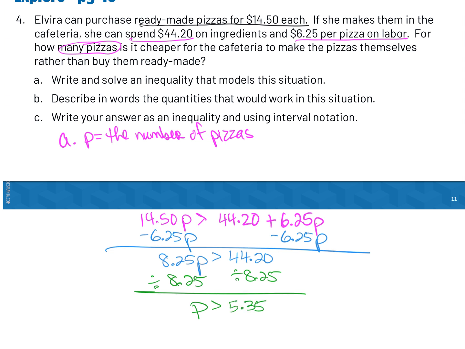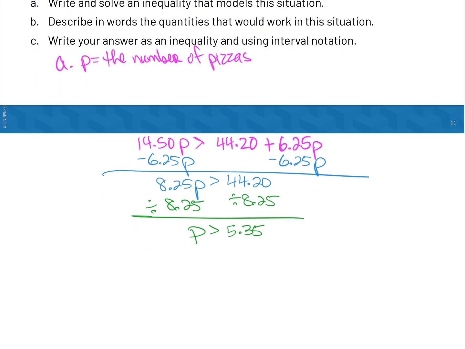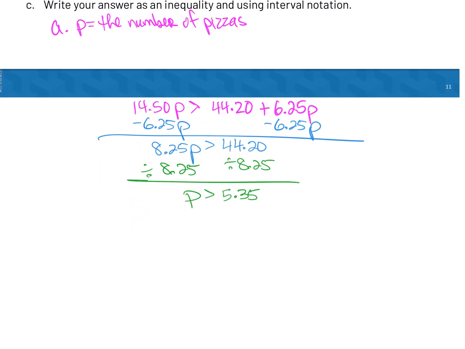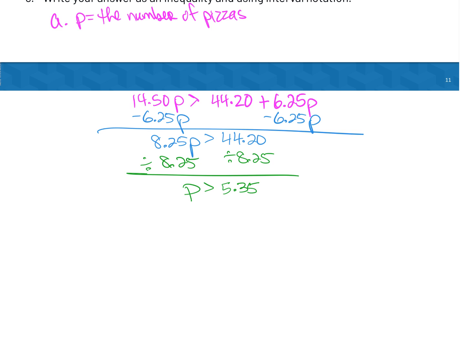Okay, so let's think about it. I'm going to move this up so we can look at it. I need my variable. So P is the number of pizzas. So Elvira will need to make 6 pizzas, right? Because can you have 0.35 of a pizza? No. We do need to round this up because we're talking about how many pizzas it would take to make it cheaper.